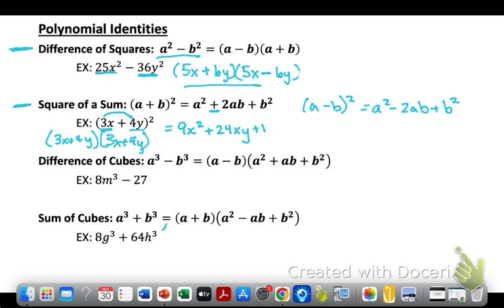16y squared. Now, over and over and over, I see you guys doing this. When I give you this problem, I will get this almost every single time. Is that right? No. Exponents do not distribute over addition.